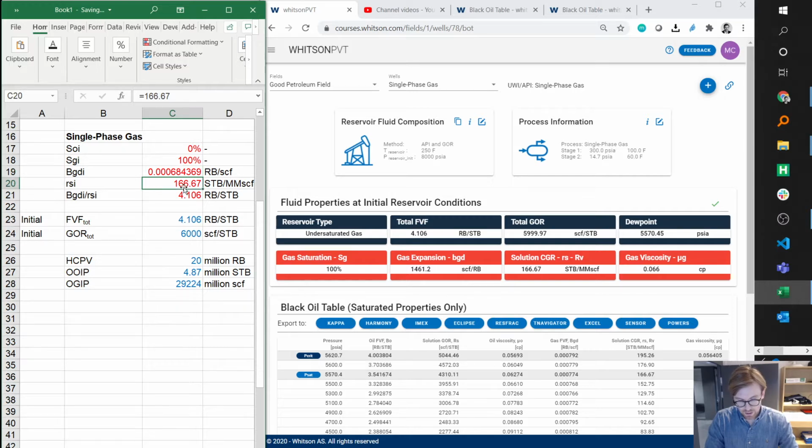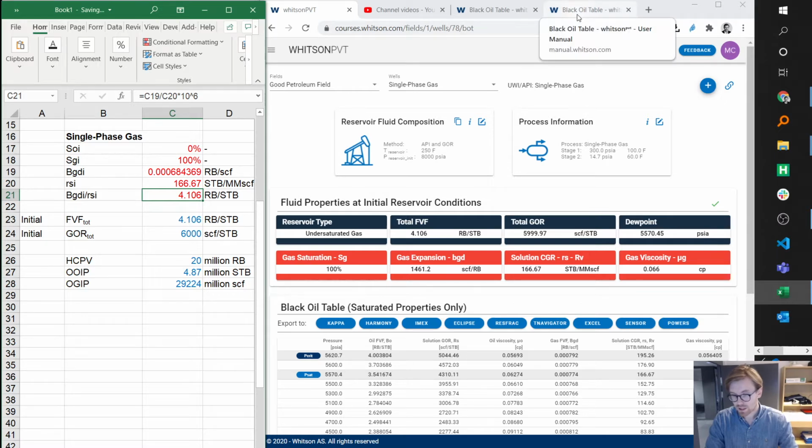The solution CGR is just provided, which allows us to calculate the same number we calculated last week, which is the BGDI over little rs, and that is the same as we got calculated automatically right here, so we know we've done it correct.